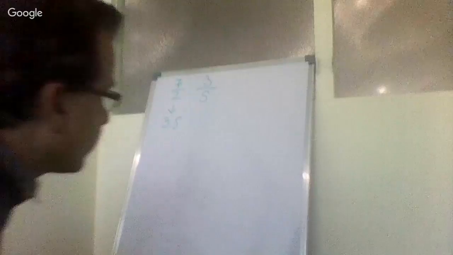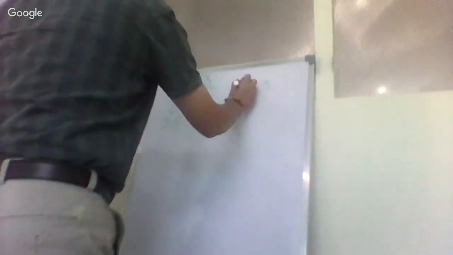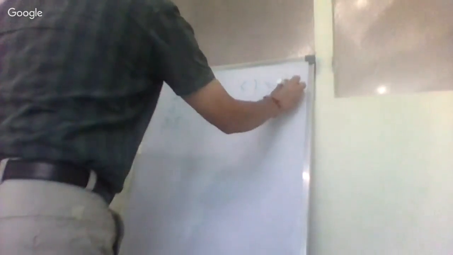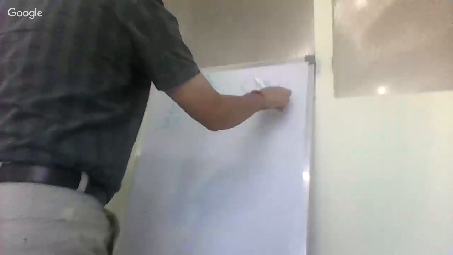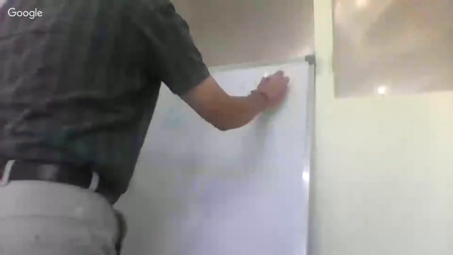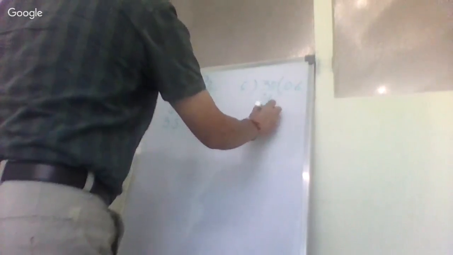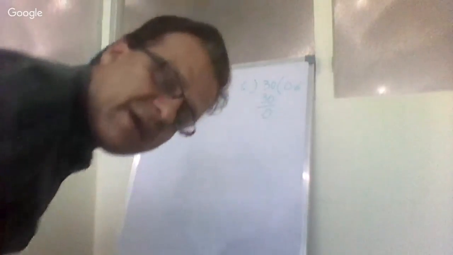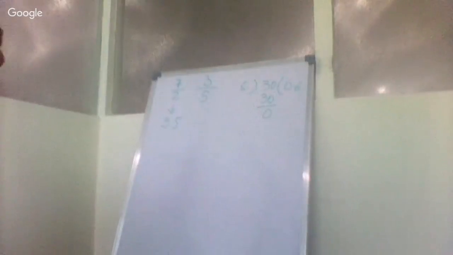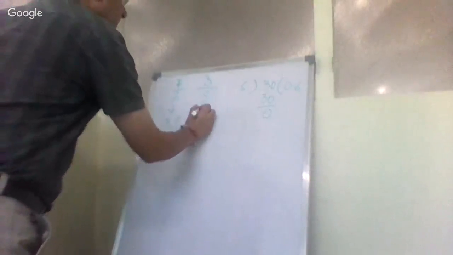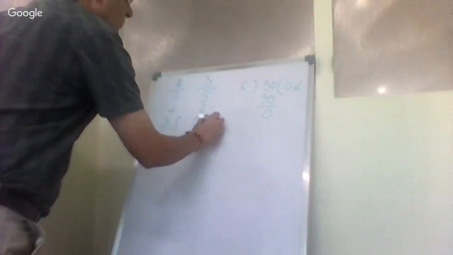If you divide 3 by 5, because 3 is less than 5, we put 0 before the decimal point, and then 6 times 5 is 30. So what is 3 by 5? It is 0.6.